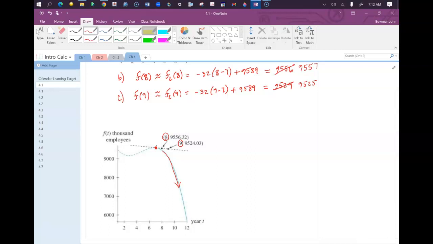Another thing you can think about is if the function is decreasing to the right, then your estimate's going to be too high. And if it's increasing to the right, so if we drew our function going like this, then your estimate's going to be too low. So that is how we use linearization to estimate values of functions.